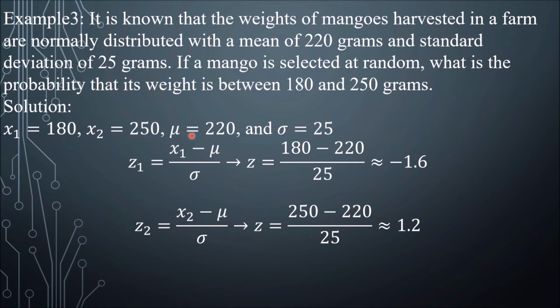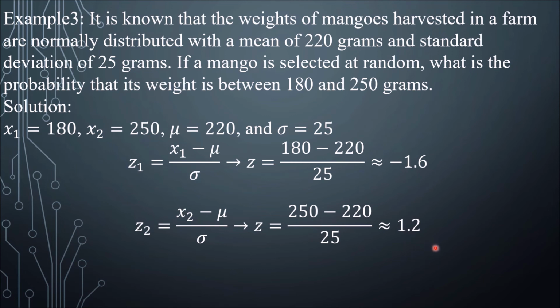Same thing, population mean is 220 and standard deviation is 25. Now we have z1, for x1, is 180 minus 220 over 25. So if the normal score is 180, the z-score of that is negative 1.6. And if the normal score is 250, the z-score of that is 1.2.